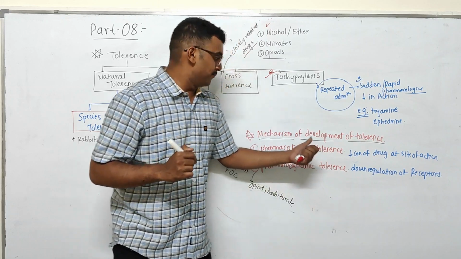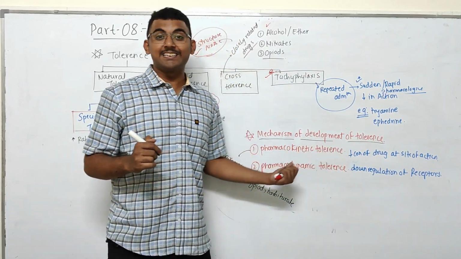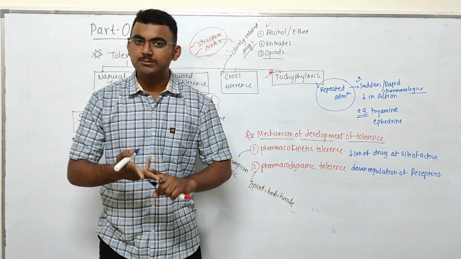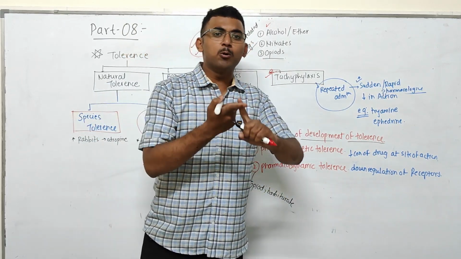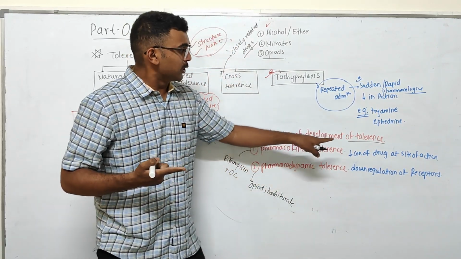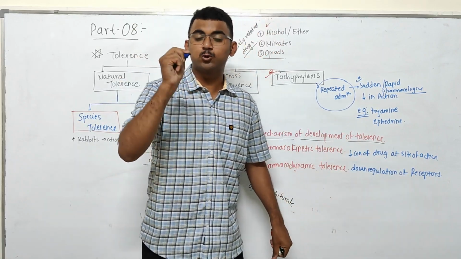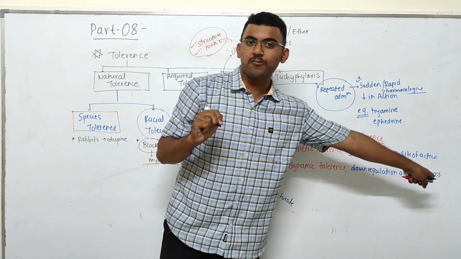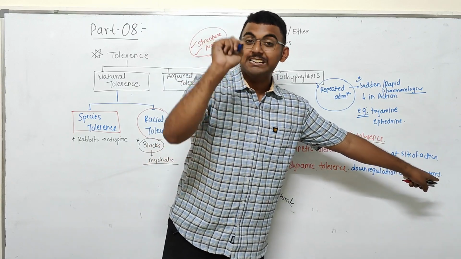So what is going to happen in pharmacokinetics? Kinetics means what? ADME: absorption, distribution, metabolism, elimination. So what is pharmacokinetic tolerance? It means there is going to be a decrease in the concentration of the drug at the site of action. Why is there a decrease?